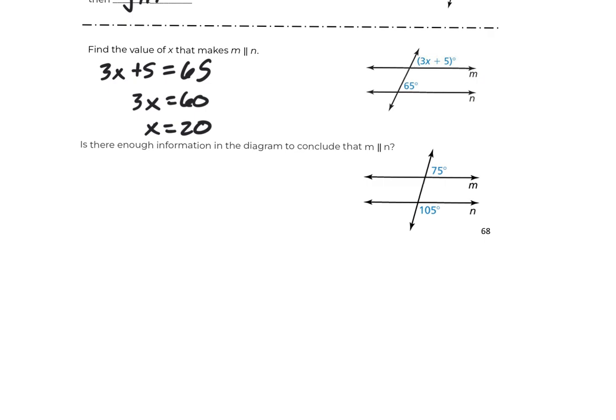Because if you subtract 105 from 180, then you get 75, which means all the ones vertical to and matching the 75 will be 75, and all the other ones will be 105.